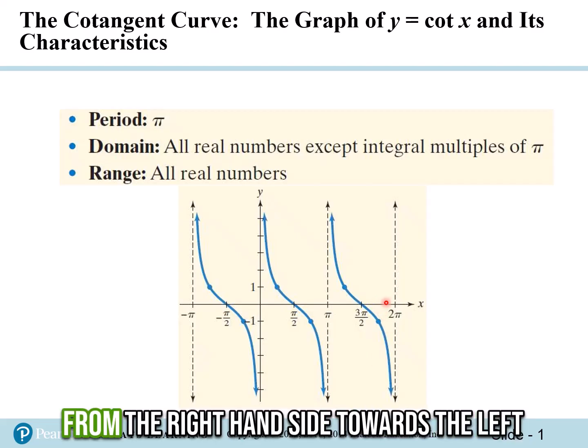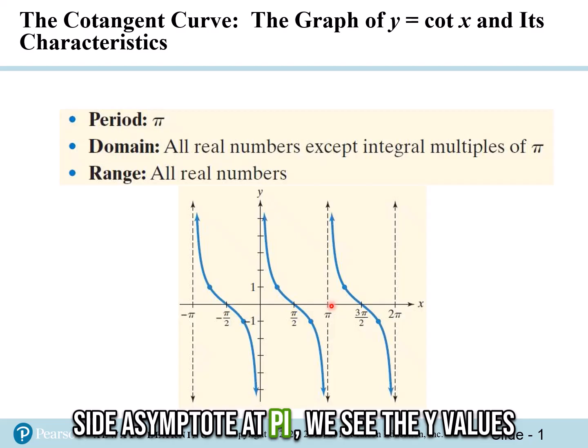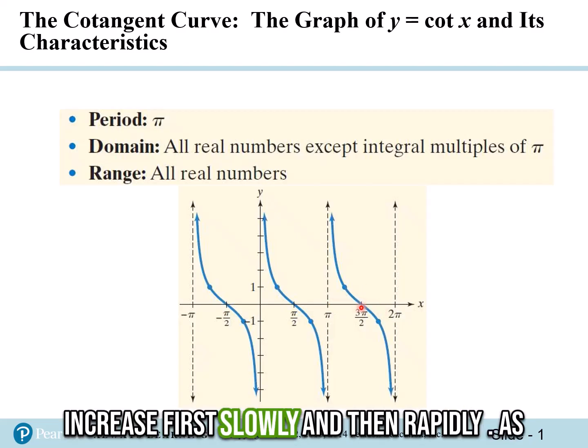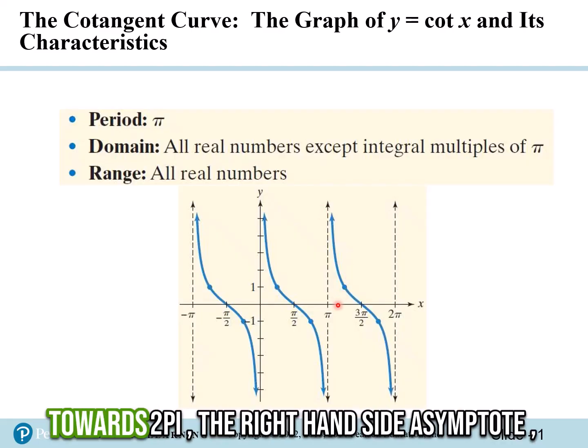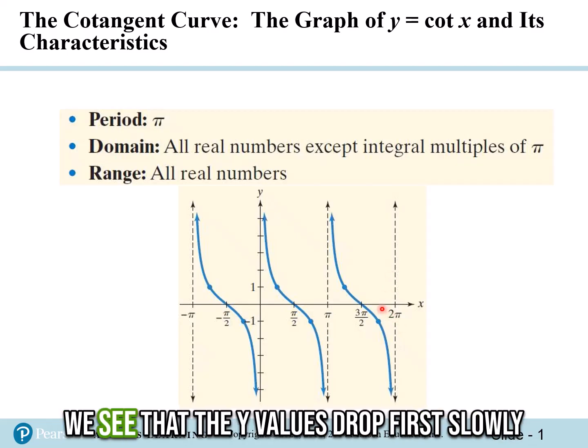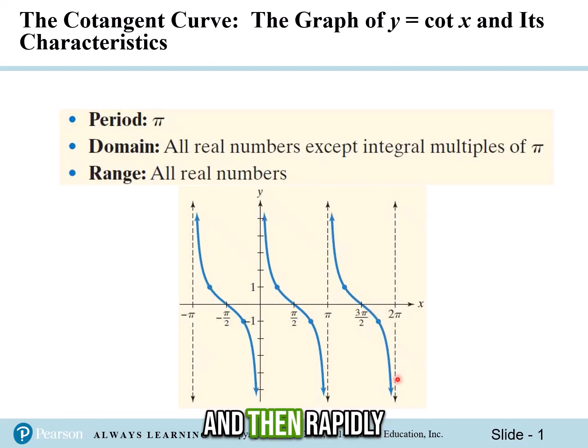As we move from the right-hand side towards the left side asymptote at pi, we see the y values increase first slowly and then rapidly. As we move from the left-hand side towards 2 pi, the right-hand side asymptote, we see that the y values drop first slowly and then rapidly.